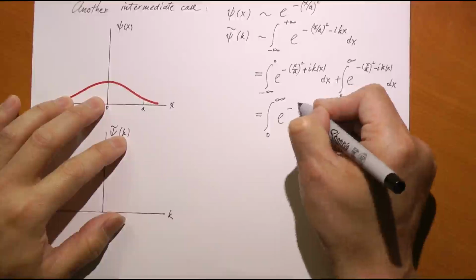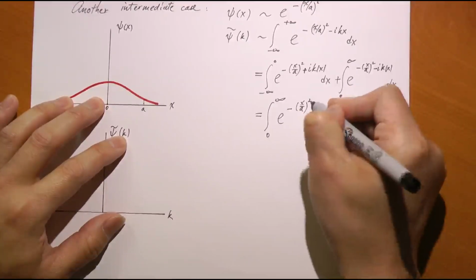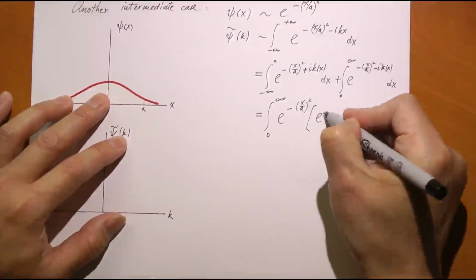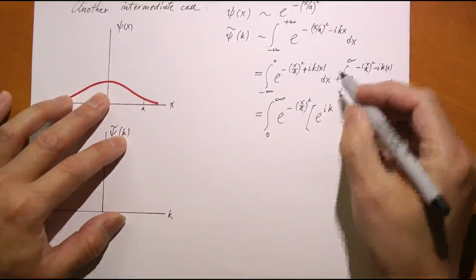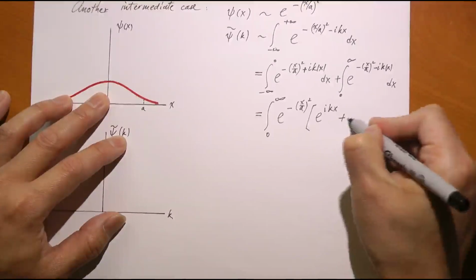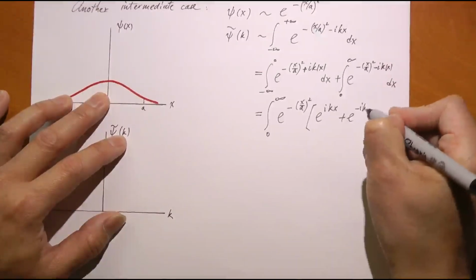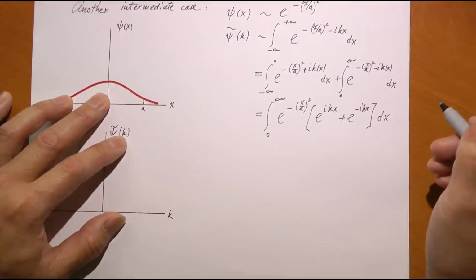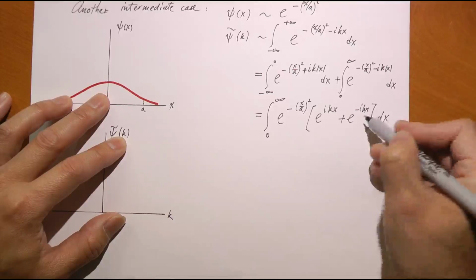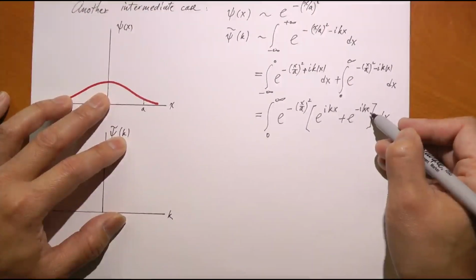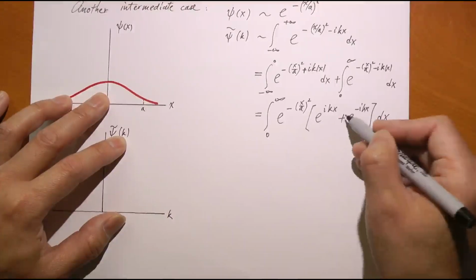e to the negative (x over a) squared. And then here is our first term, e to the i k absolute value of x. x is already positive, I don't need that absolute sign anymore. Plus e to the negative i kx. And then dx. Okay, so can you see the cosine coming in? Well, this thing itself, e to the i kx plus e to the negative i kx, in fact equals 2 cosine kx.